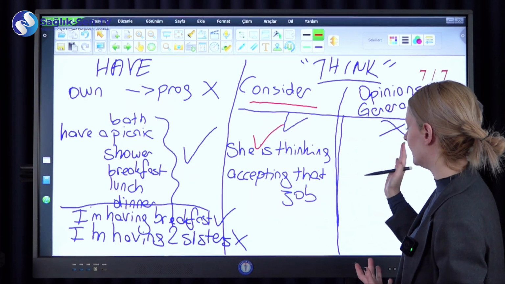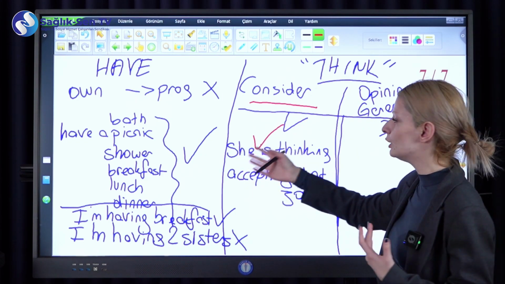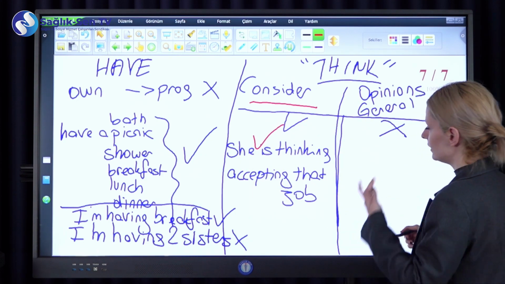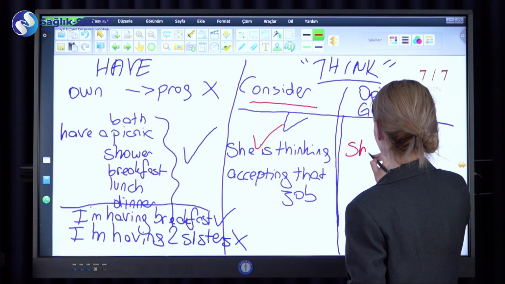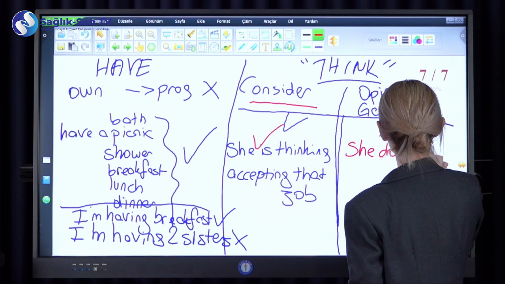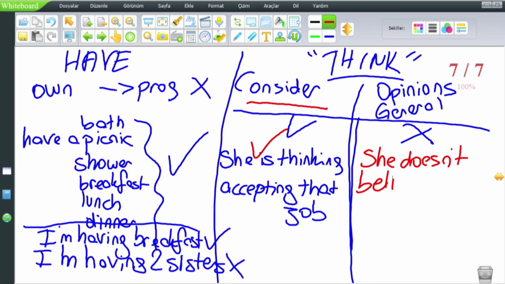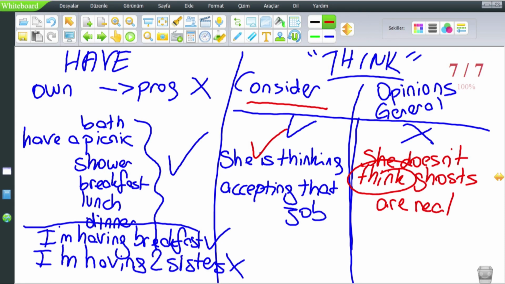And when it has the meaning of consider, we can use it. But let me give another example. She doesn't think ghosts are real. This is her general opinion. That's why I cannot use a continuous tense here.